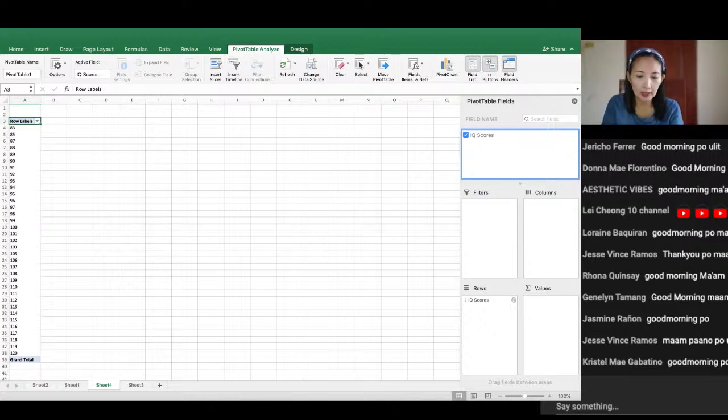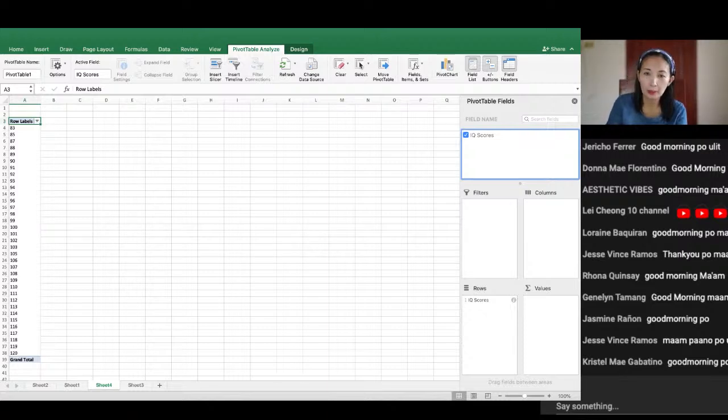Take note that it lists, look at this side of your Excel sheet, the unique values of the IQ scores: 83, 85, 87. So the minimum really is 83. The lowest value is 83 and the highest value is 120.